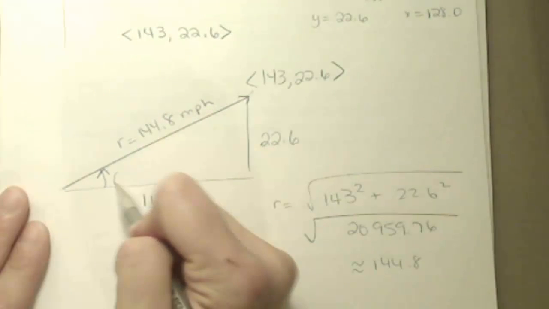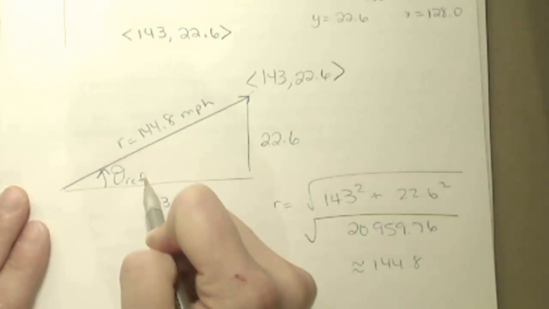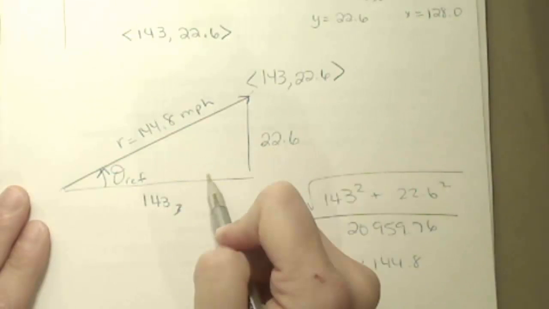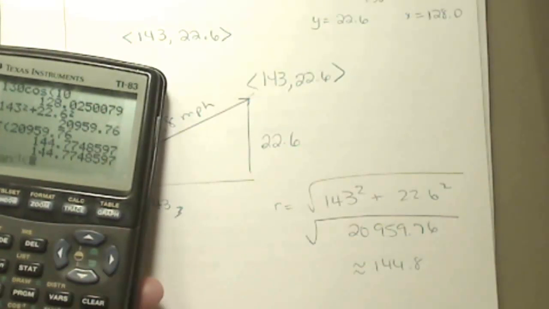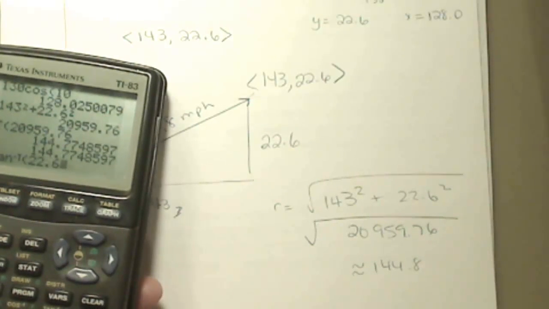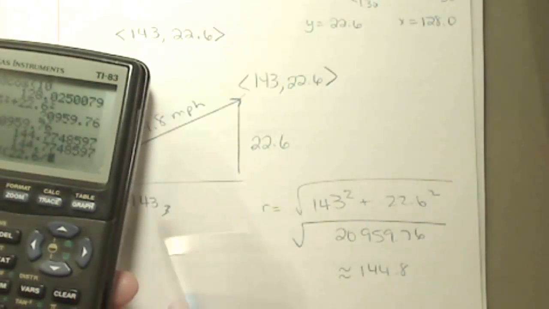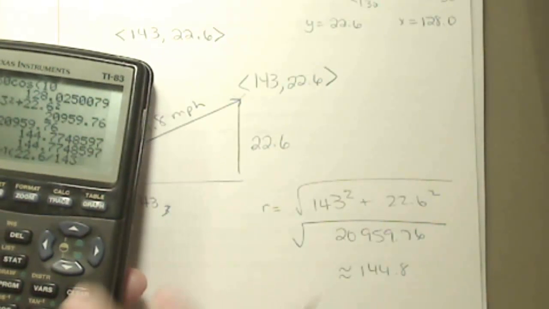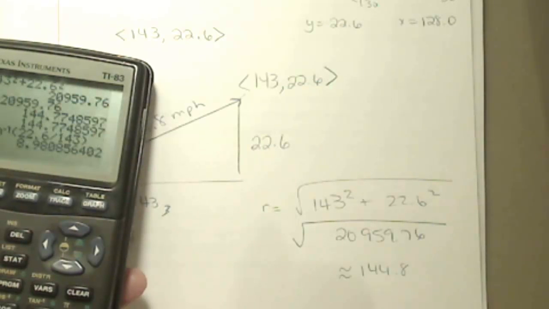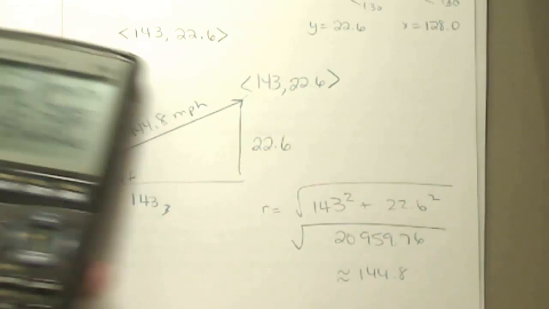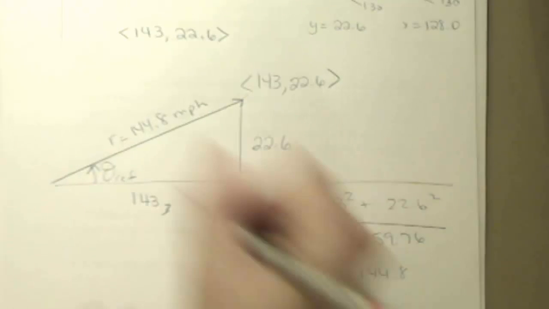And for the degrees of the reference angle, I will do tangent inverse of opposite over adjacent. Second tangent of 22.6 divided by 143. And I get 8.98 degrees, so approximately 9 degrees.